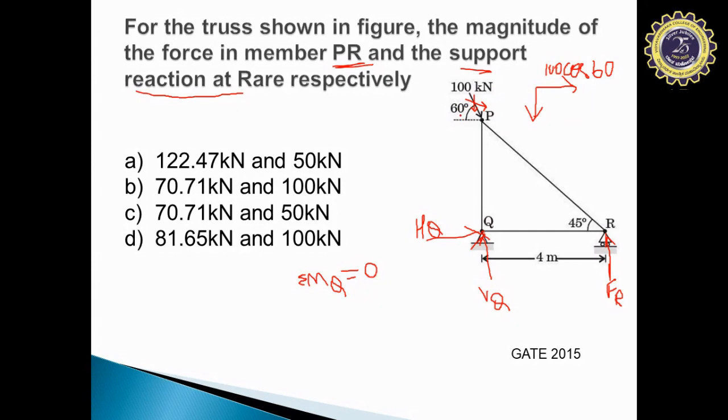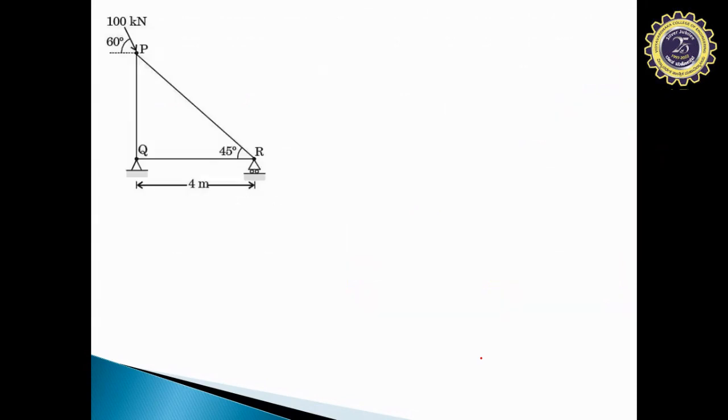So the same 60 degree is made with respect to the x axis. 100 cos 60 will be your x axis resolved force, and similarly the y axis becomes 100 sin 60. I hope this is clear now, how 100 cos 60 and 100 sin 60 came. So this will be applied here.